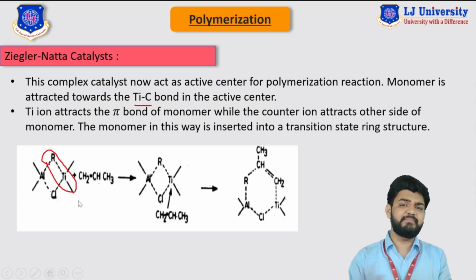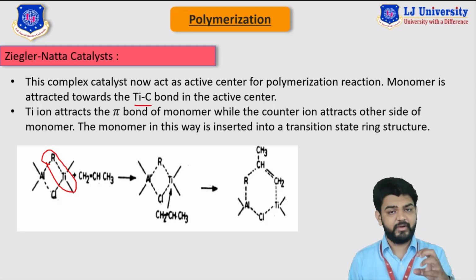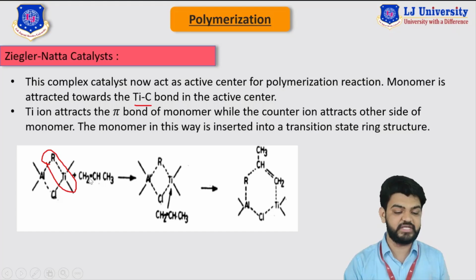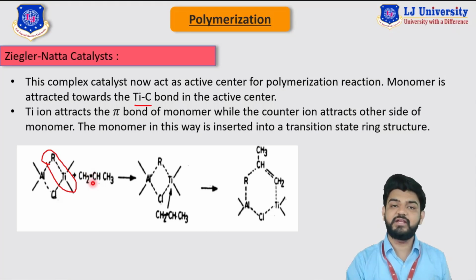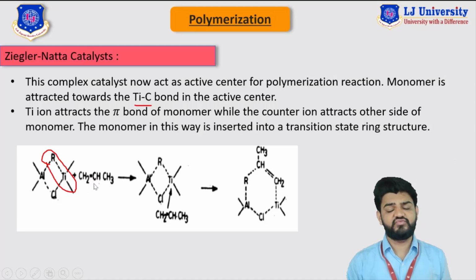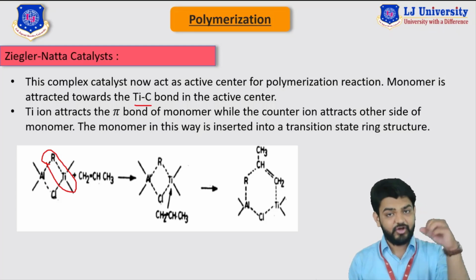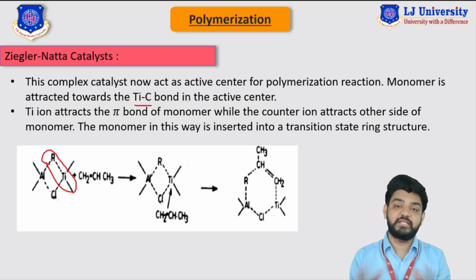As we have described in all the previous lectures, this catalyst will attack the pi bond of the monomer. You can see this monomer has a double bond, among which one is a pi bond and the other is a sigma bond. The pi bond is very weak and we can easily break it with a sufficient amount of energy. So this catalyst will attack that pi bond and break it.